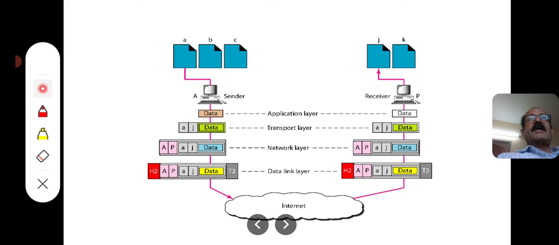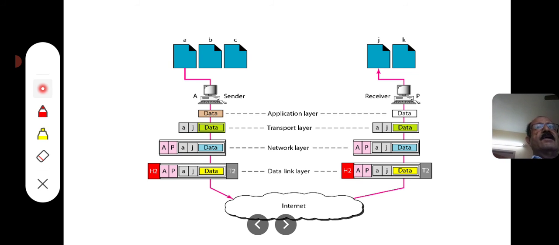See this, process to process communication means A is sender, P is receiver. A means the IP address is A for sender and IP address of receiver is P. A is running three processes, A, B, C. There may be port numbers say A, B, C, right?